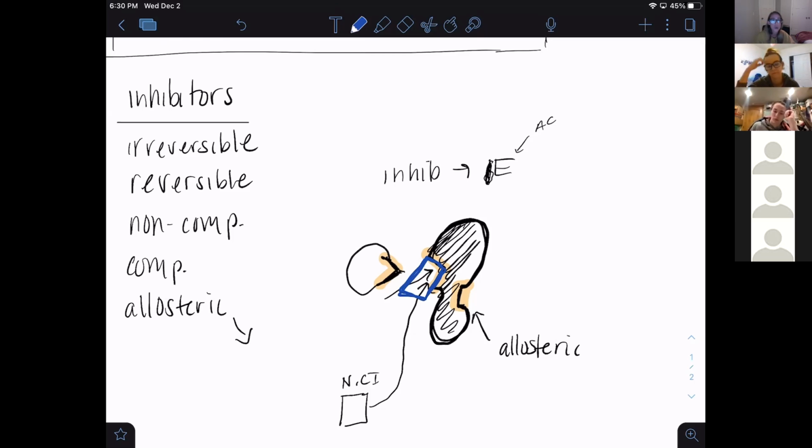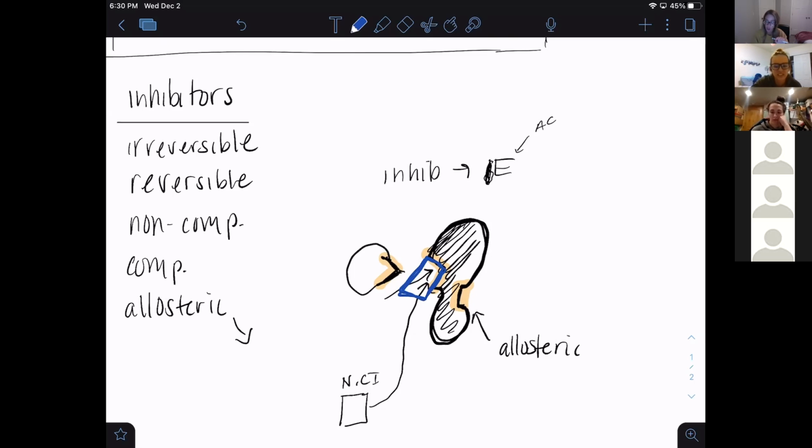Cool? So now the other thing that I want to talk about is a competitive inhibitor, right? And remember, what's the role of inhibition? What are we trying to do? Prevent the enzyme from being able to make that enzyme substrate complex.